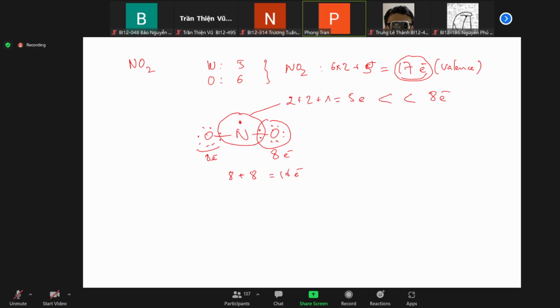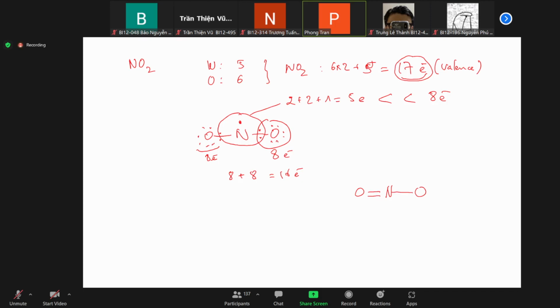So in this case, the suggestion is you try to change the structure by making a multiple bond between the oxygen and nitrogen. So you do the same thing, nitrogen, oxygen, and then instead of using the single bond, you use the double bond, okay? And the second one is a single bond.